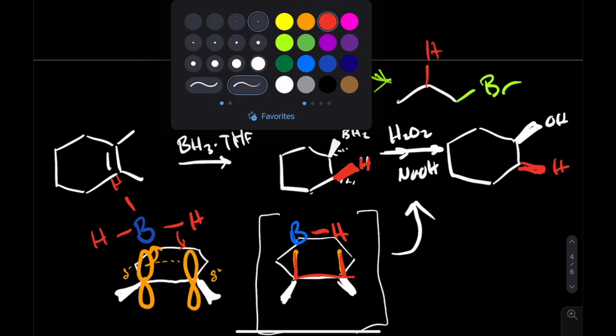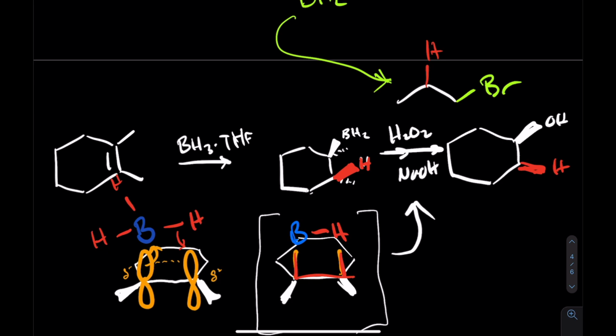This started off with two methyl groups, so you have actually made a chiral center right here, and two chiral centers as a matter of fact, and you've done it stereospecifically. Of course, the addition could have come from the top or the bottom, but no matter what you do, this reaction will always create a product where the two methyl groups are on the same side and the alcohol and the added hydride are on the same side.